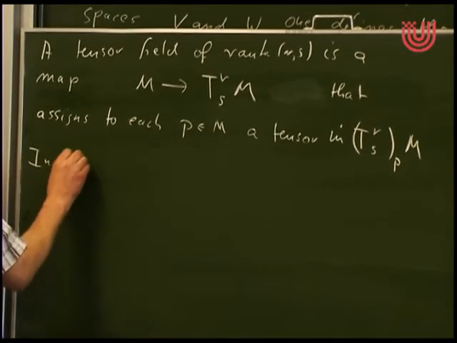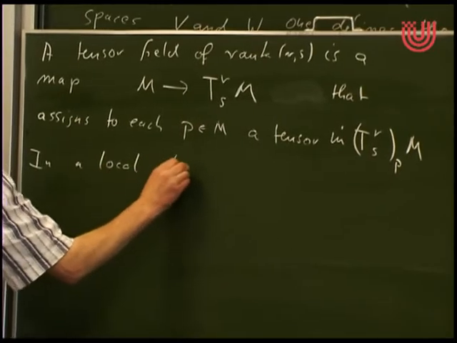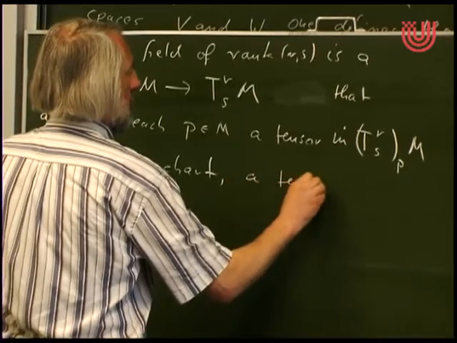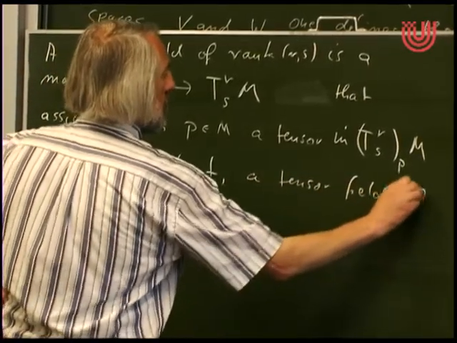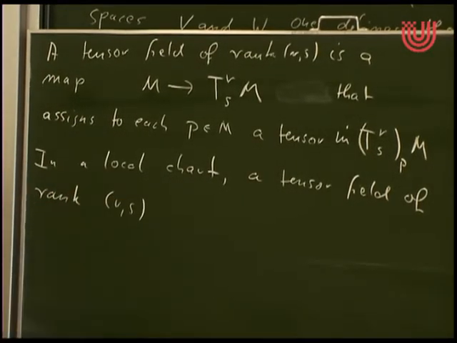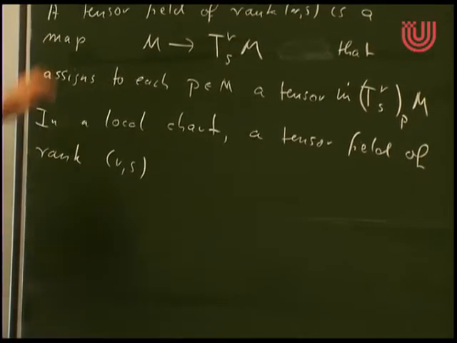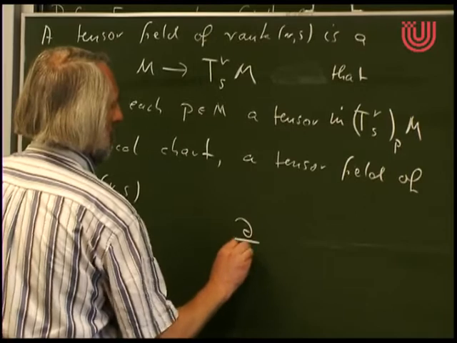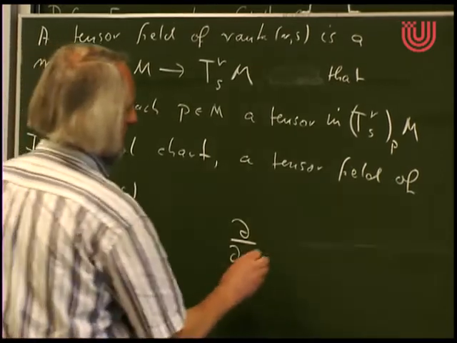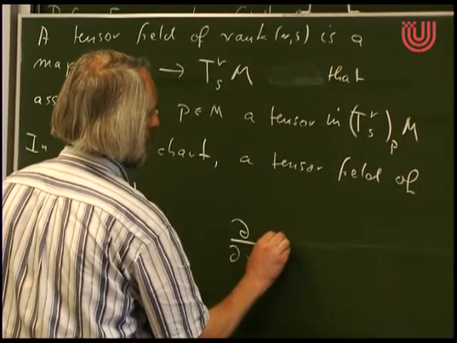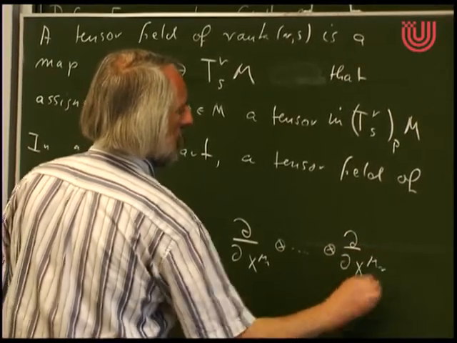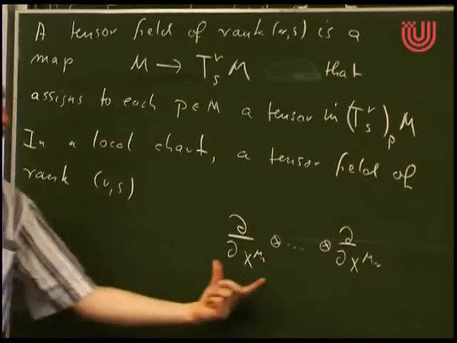So in a local chart, a tensor field of rank r, s is a linear combination of these basis vector fields, and I need this r times, so I need a subindex now. I have r basis vectors of this type.